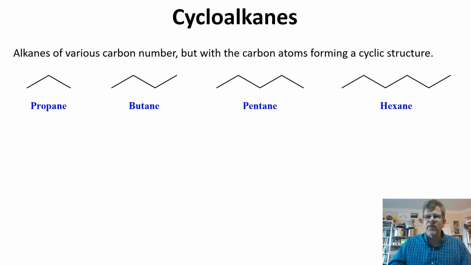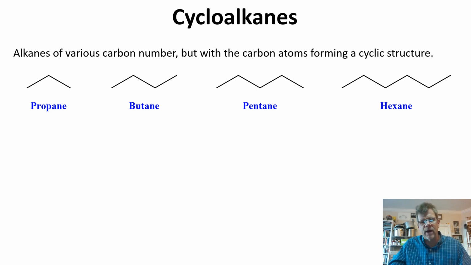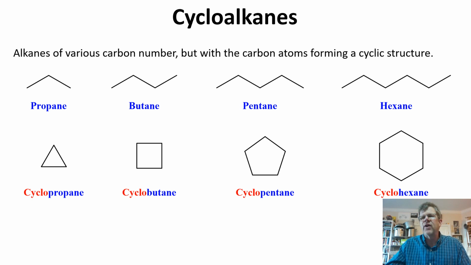So, for instance, a cyclic structure of 6 carbons would have to have the word hexane in it. A cyclic structure of 4 carbons is still 4 carbons, so would have to have the name butane in it, and so on.